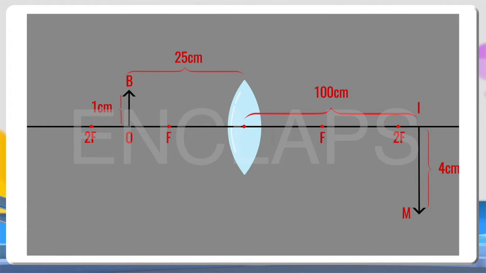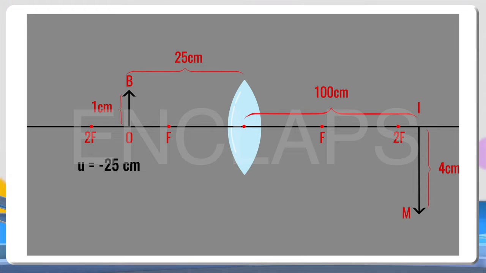Object is placed to the left of the lens. Distances are to be measured from the optic center. Incident ray is from object to the optic center. So, the direction of distance from the lens to the object will be negative. We usually denote the object distance by the letter u. Therefore, u is equal to negative 25 centimeters.